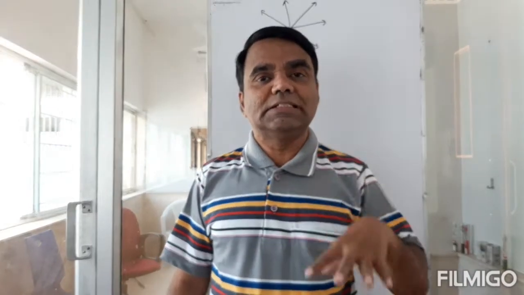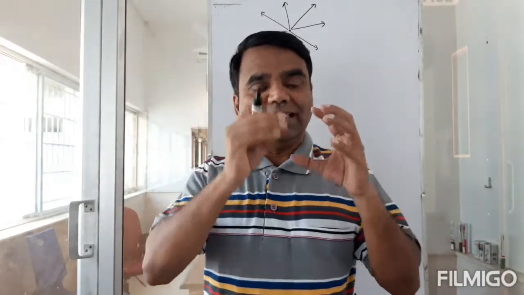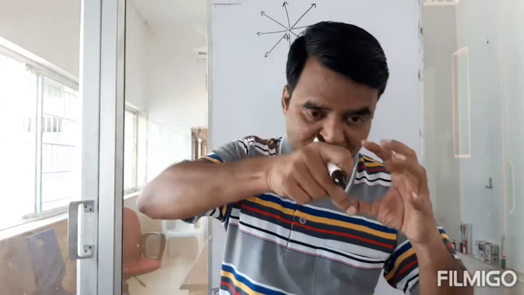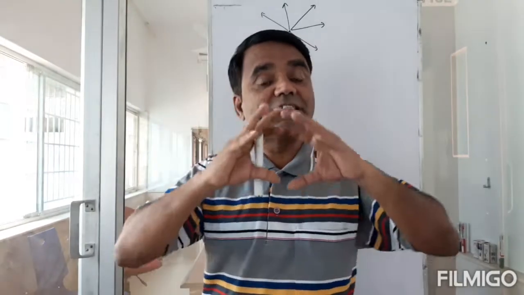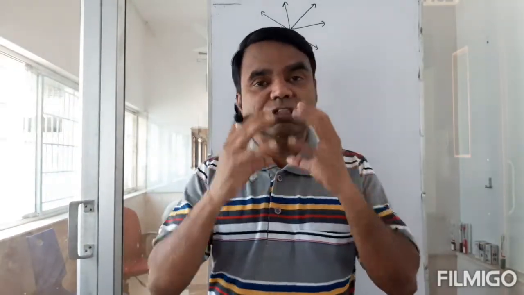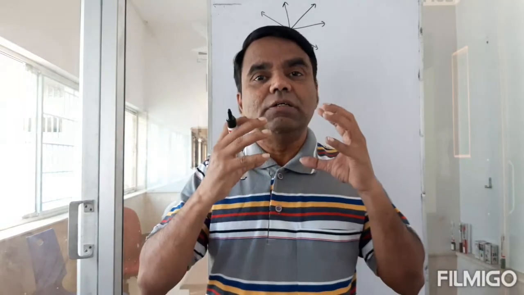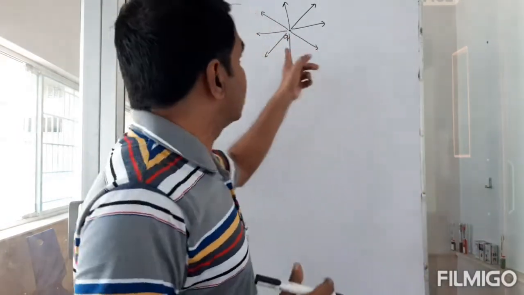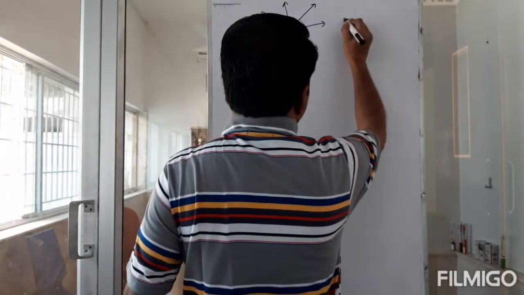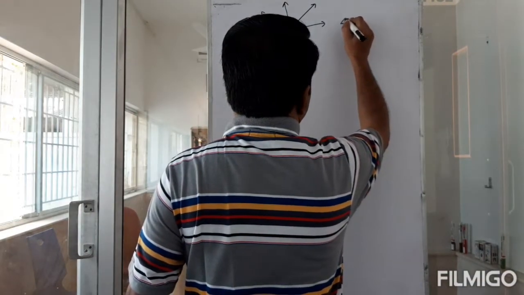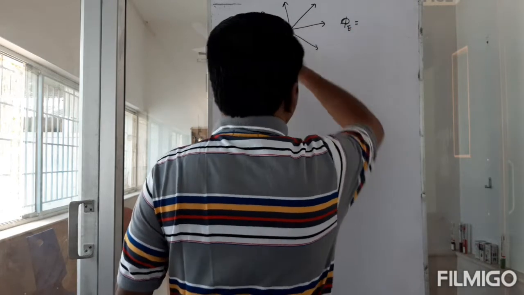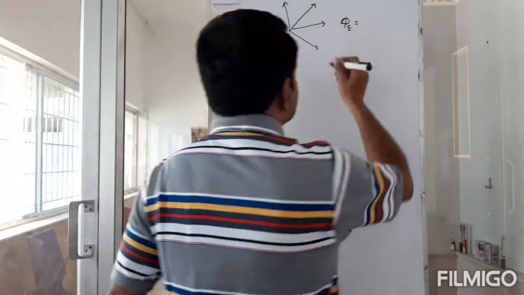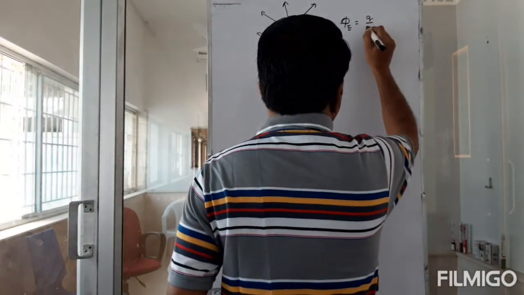So what we say is that if you take this charge and then put that charge in a closed surface, the amount of lines, the amount of flux I should say, that is coming out of the charge would be equal to this charge Q. Let's say this is phi, the electric flux which is coming out of the closed surface is equal to Q by epsilon naught.